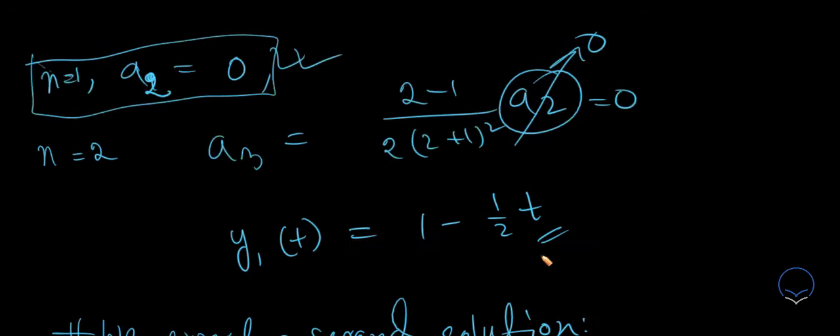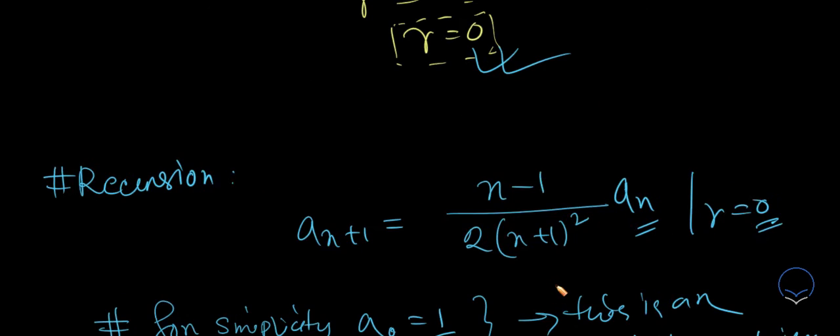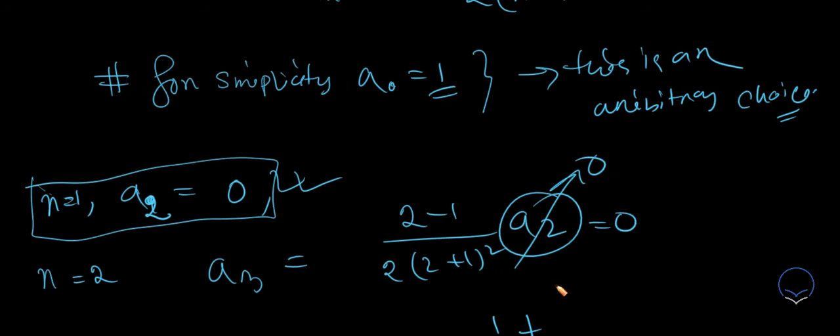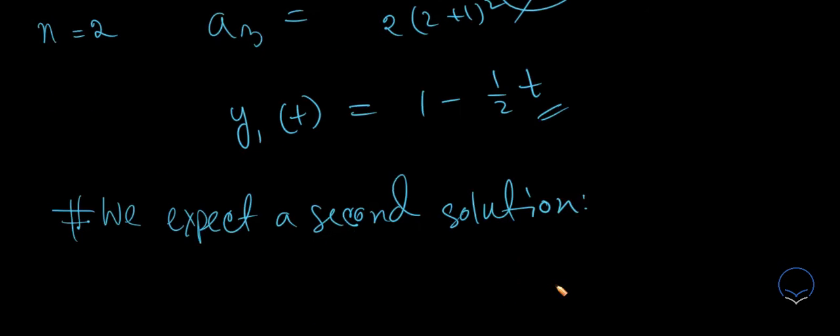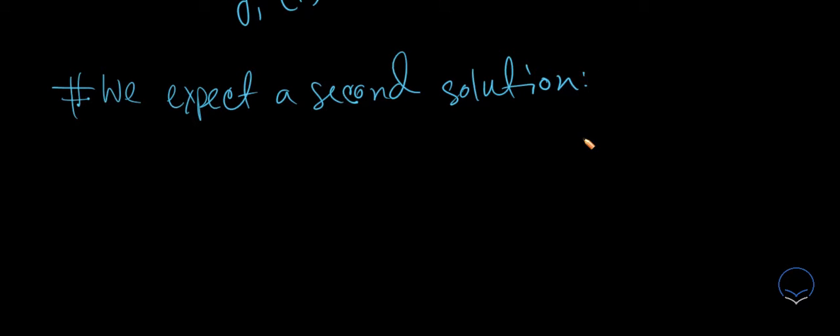But here we have only one root, repeated 2 times, so that's why we're getting only one recursion, and we were able to build only one solution. To build the second solution we need something else, and that is given by a theorem. I'm not going to prove the theorem, we are going to just accept it without any proof.